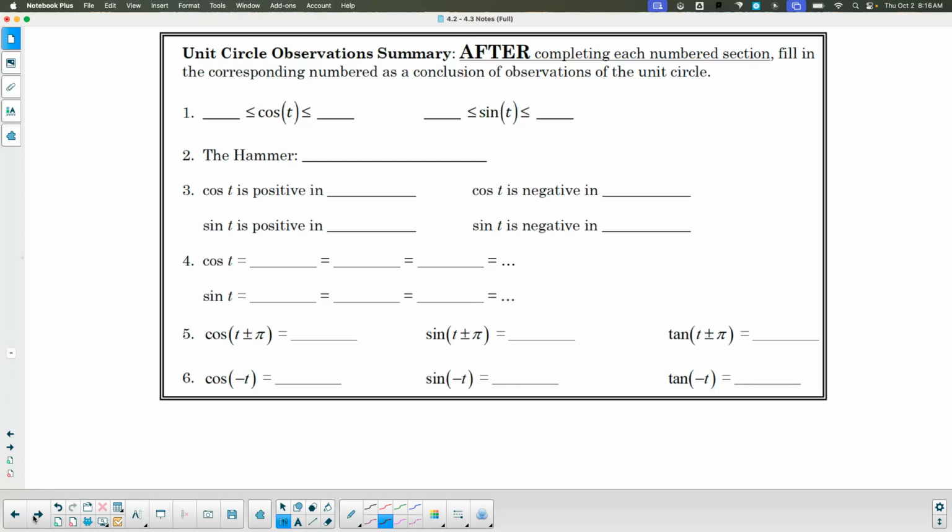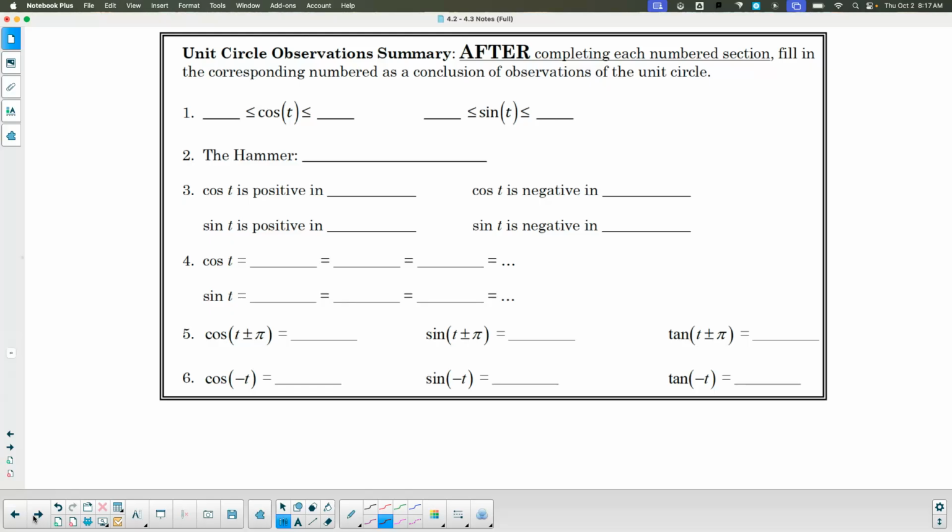Then you're going to turn the page. Then there's part number 2 labeled the hammer. After you get done with the hammer, you're going to fill in what the hammer is.